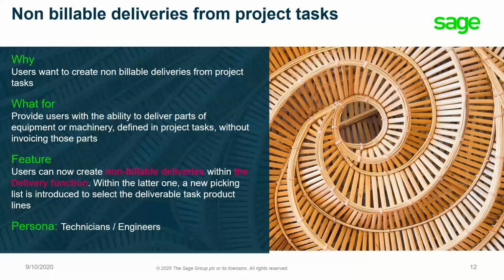So they want to create a delivery in X3 for this. Users now can create non-billable deliveries within the delivery function. And in this function, there is a new picking list, which is introduced for the users to select the deliverable task product.